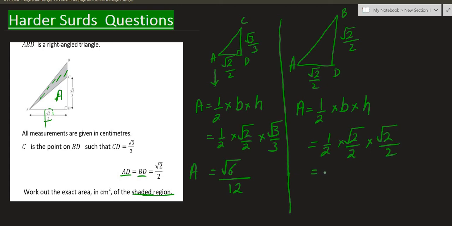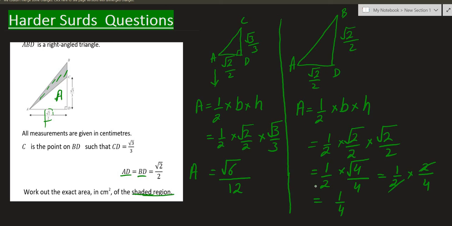Now simplify that: half, then 2 root 2 times 2 root 2 is going to be 4 root 4, and 2 times 2 is going to be 4. I'm just simplifying this, don't be confused. This is going to be half, 4 root 4 we know is going to be 2, over 4. Now this 2 I can cancel with this 2, so the answer is going to be 1 over 4. This is the bigger triangle, which is a quarter, and the smaller is going to be 6 root 6 over 12.